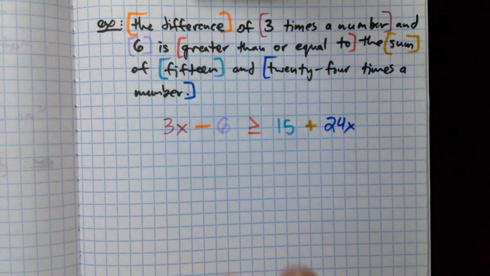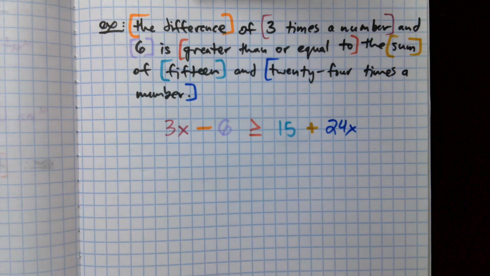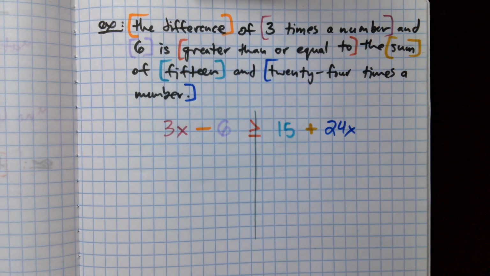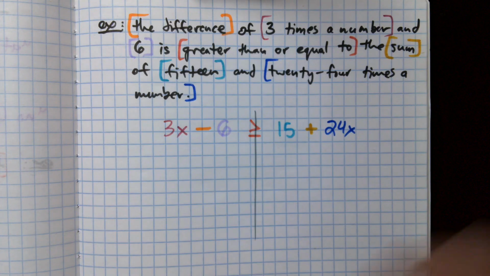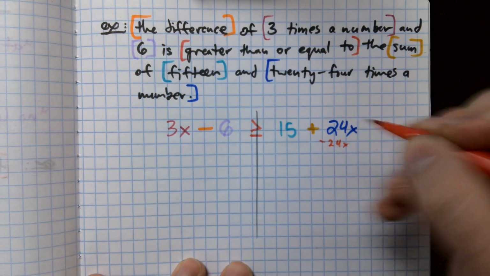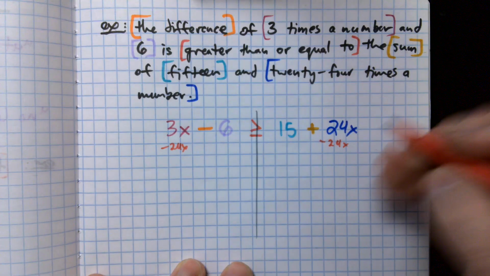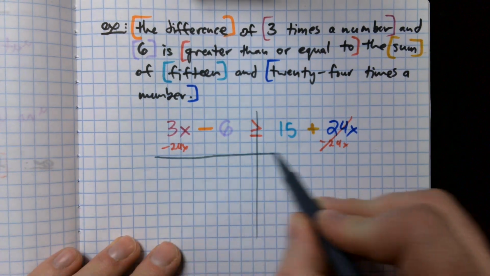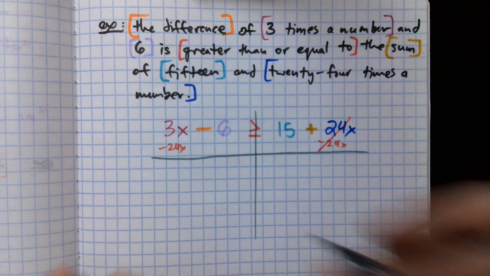All right? Now, we got to solve it. What's the very first thing I want to do here to solve this? Combine the x's. How can I do that? Minus 24x on both sides. Okay, what is 3x minus 24x?